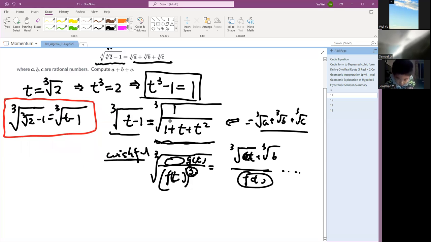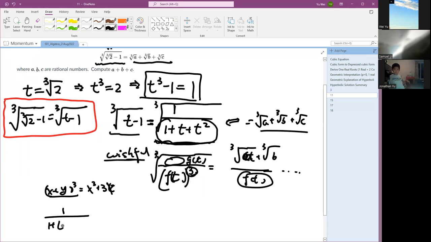Okay, so what kind of things can give us the cube? Think about it. If x plus y cubed, we need what? Wait, we have to do this. Or generally, we need something 3, right? Okay, now let's do this. I'm telling you how I try to figure it out.